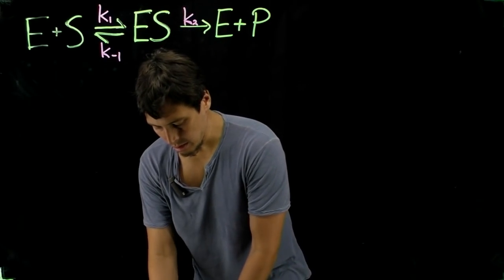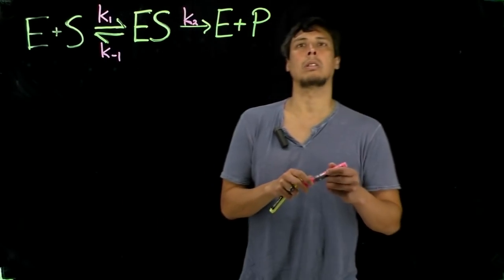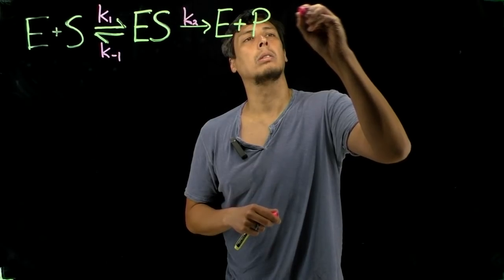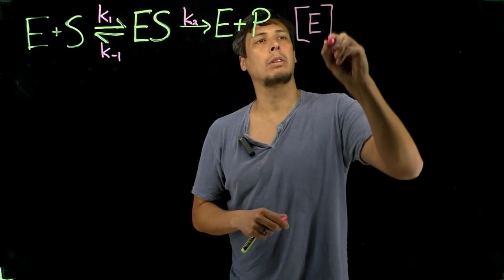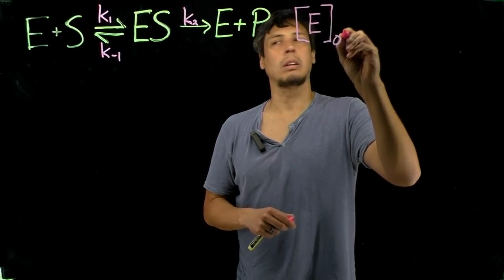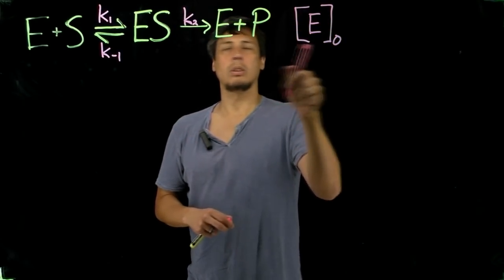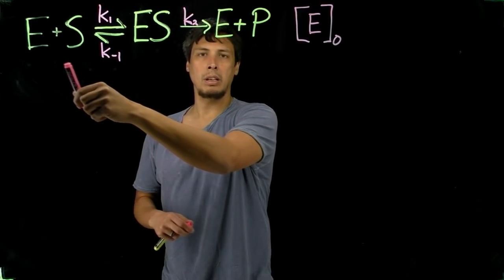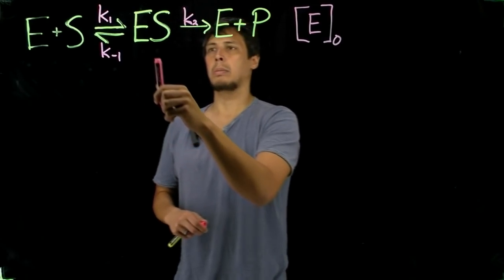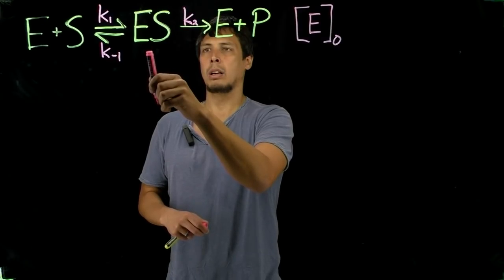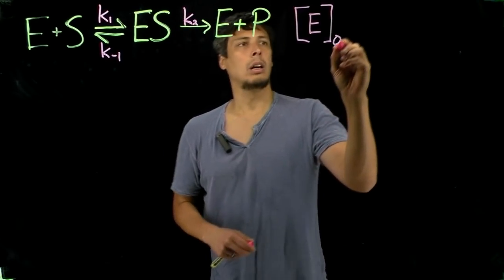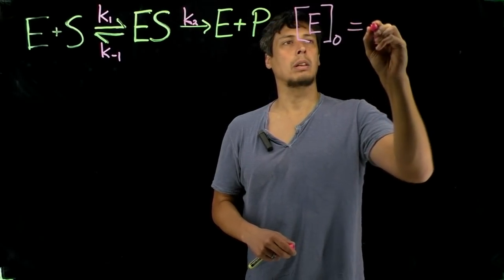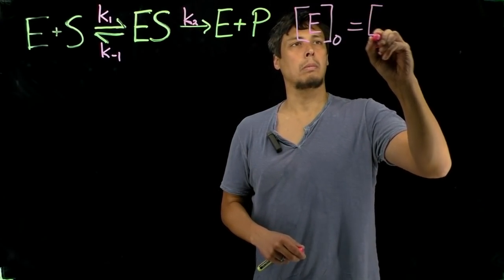So in order to start solving the equation, we're going to start the way we normally start, and look at what we have for initial concentrations and what they get converted to. The initial concentration of E, as time progresses, is going to be converted into a combination of enzyme and enzyme substrate complex, and that's it. There are no other enzyme complexes in this mechanism.